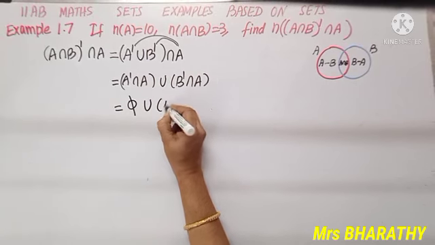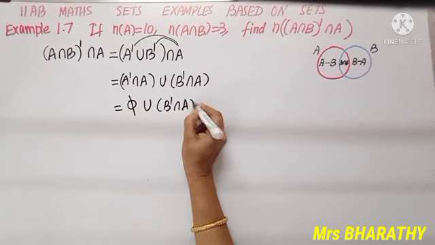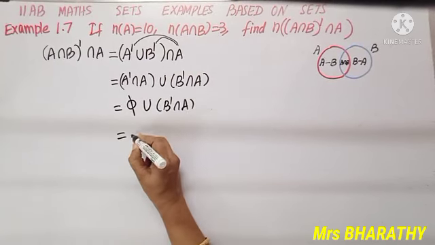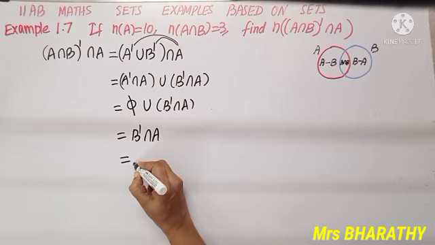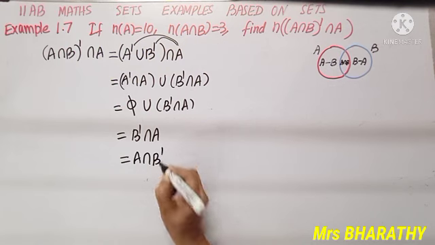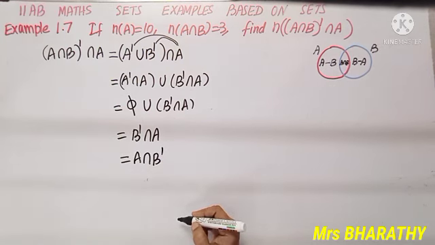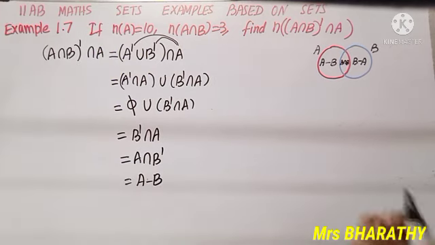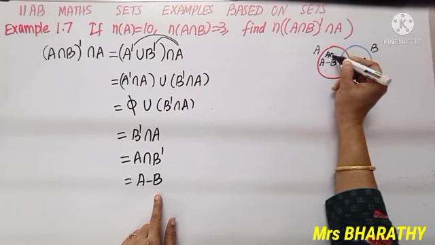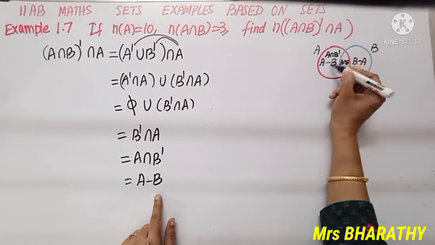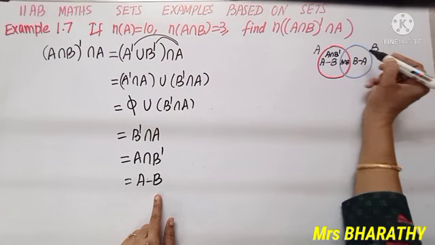Union B dash intersection A. So this can be simply written as B dash intersection A, or I can very well write it as A intersection B dash. What is A intersection B dash? This can be written as A minus B. We know A intersection B dash and A minus B are one and the same.